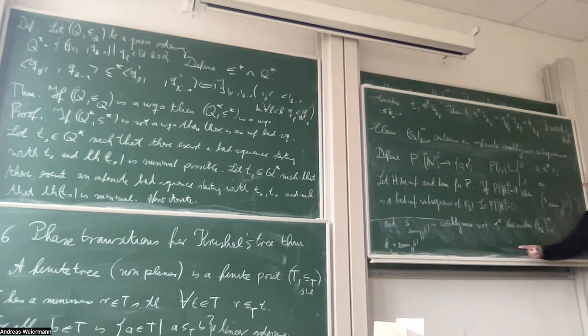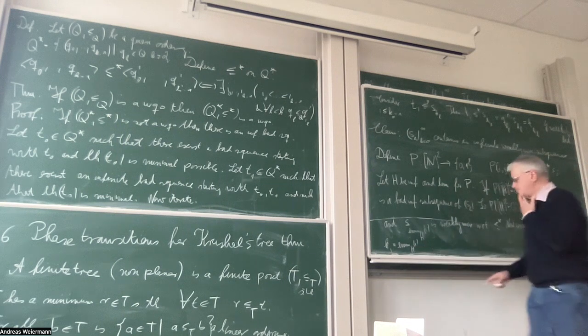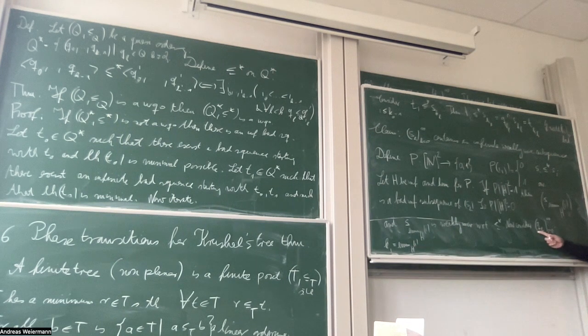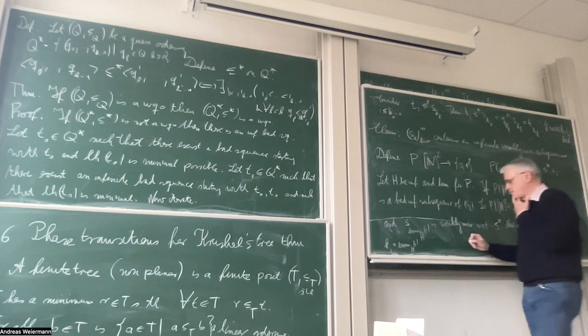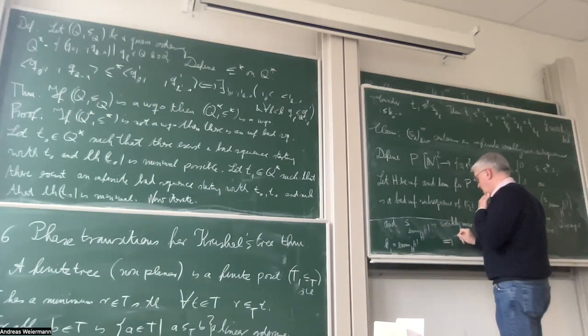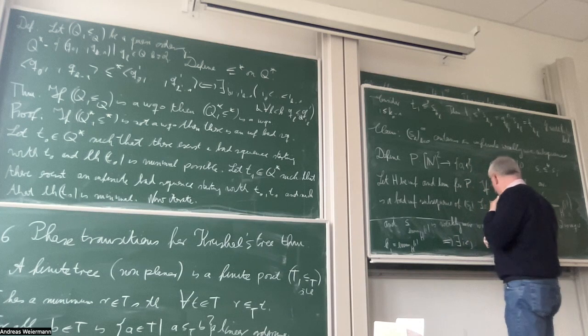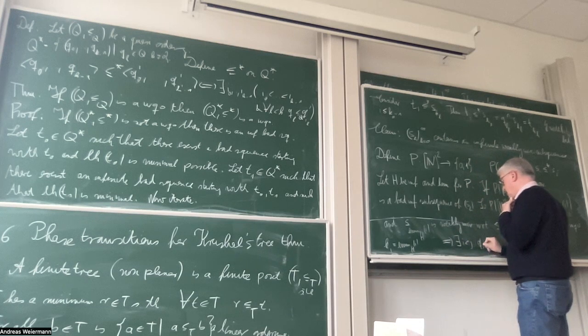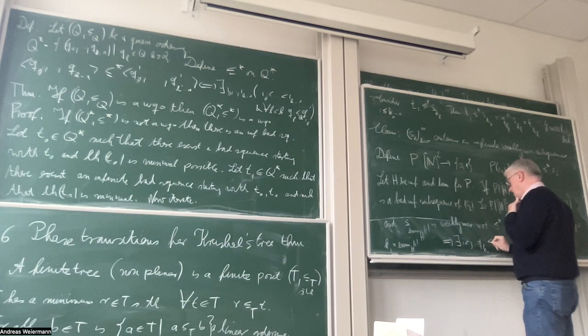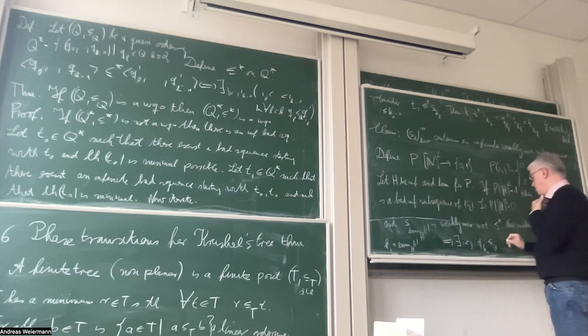Namely, we take these indices, and now we form an infinite sequence of elements in Q, this well-quasi-order. So this means there exists i less than j, such that q_{a_i} with respect to Q is embeddable into q_{a_j}.